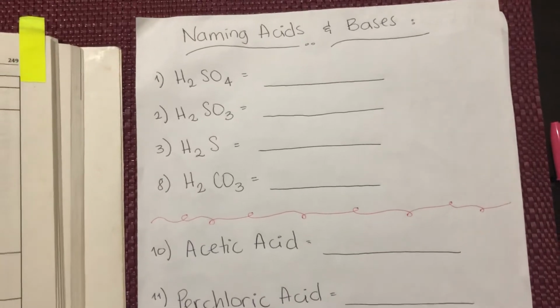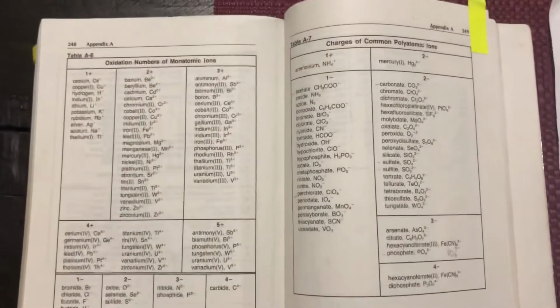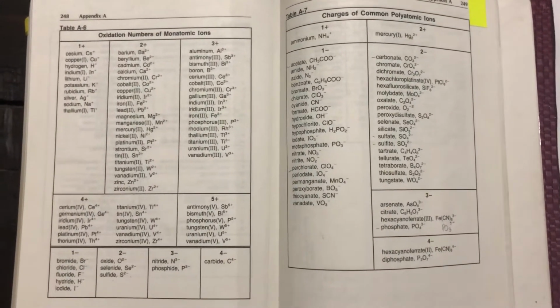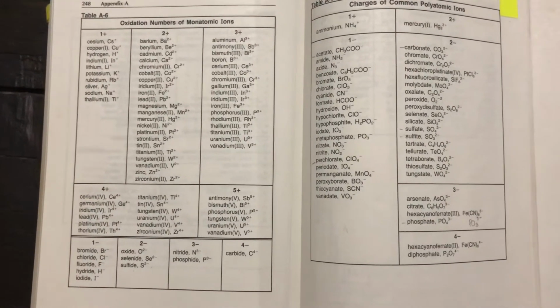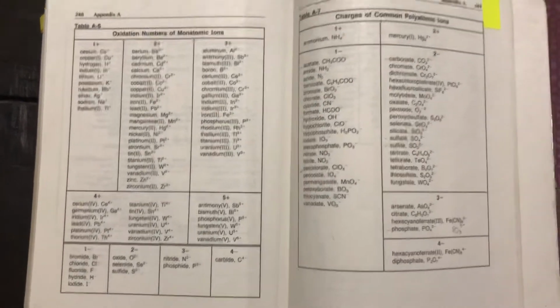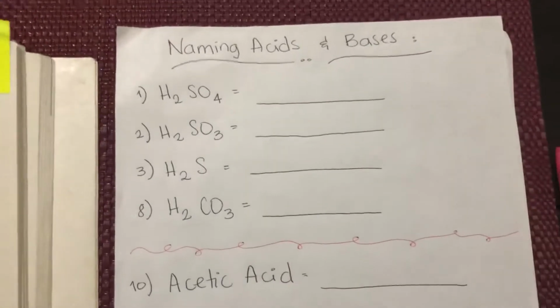So what are we going to need? We are going to need the lists that I also uploaded in chapter 8, which we used to start naming some ionic bonds and for our nomenclature. So we are going to use those lists, monatomic ions and polyatomic ions, to name our bases and acids.